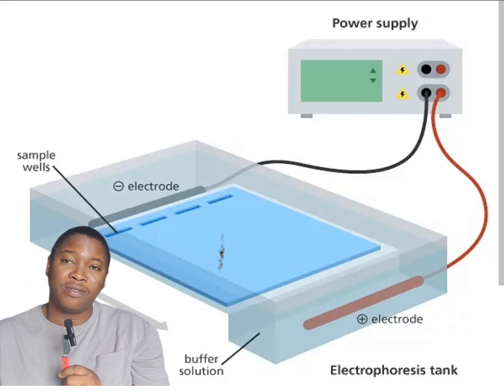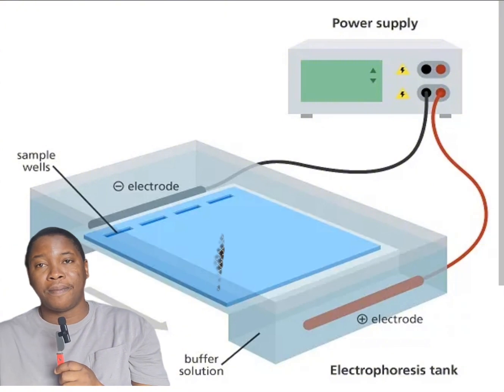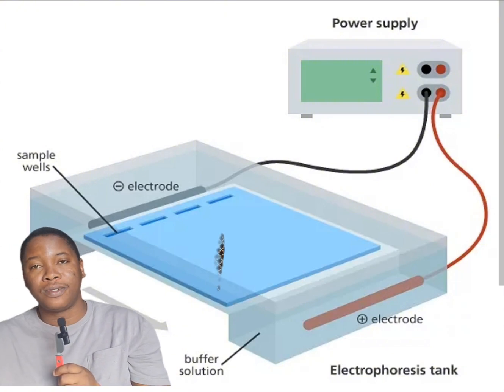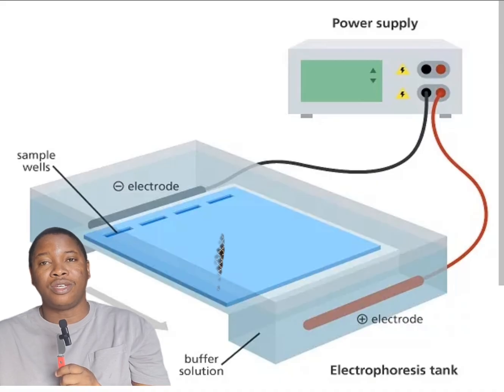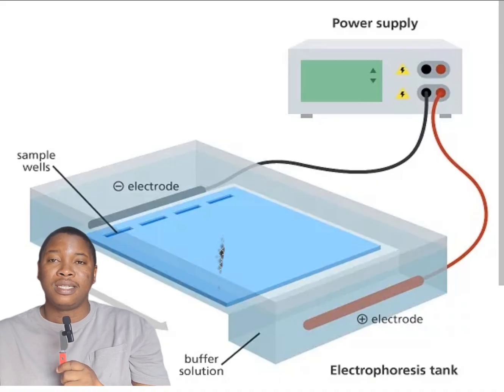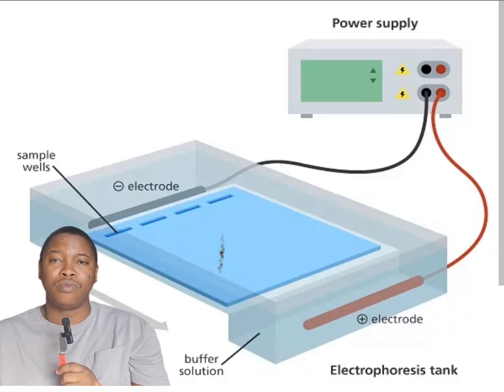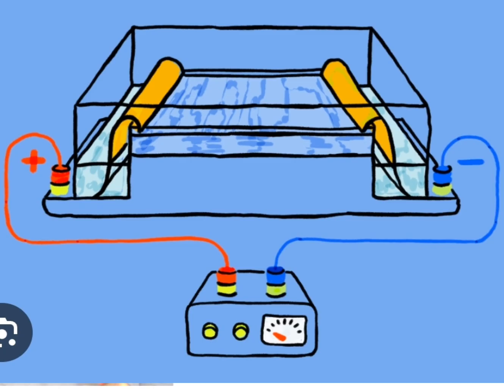You create an electric field, you put the filter paper there, and it is used as a medium. You load your samples and you put on the current, and you watch the separation of different molecules using that type of technique. You also have capillary electrophoresis, which uses capillary tubes for the electrophoresis to take place.